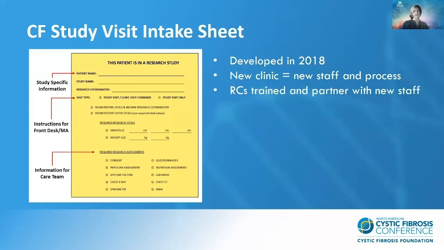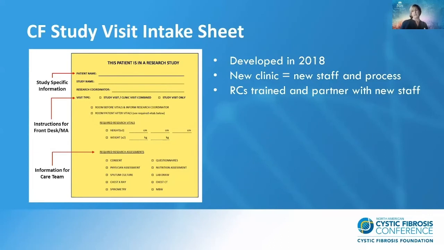One of the things that came out of that project we did that year to work with our pulmonary clinic staff was the development of this intake sheet. It tracks what a patient might need while they're in clinic for a research study visit, especially the special things they might need, like a second set of vitals, an extra culture, and so forth.